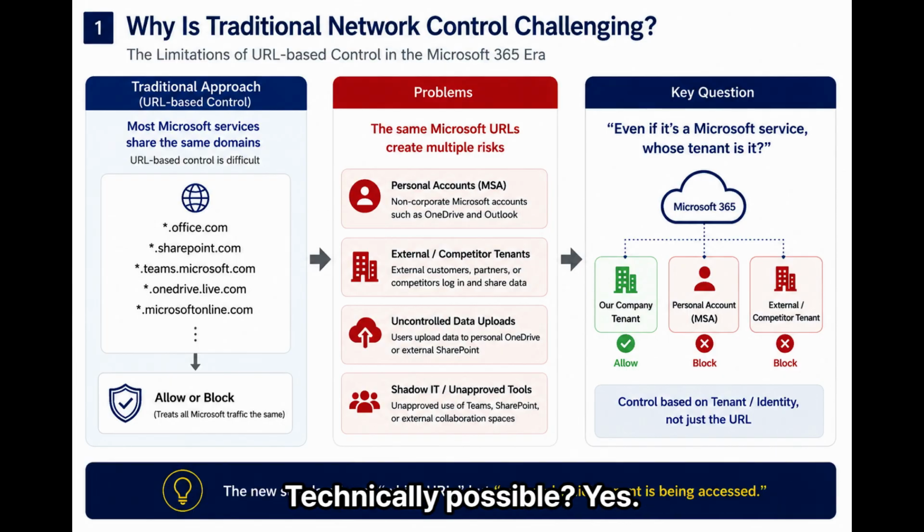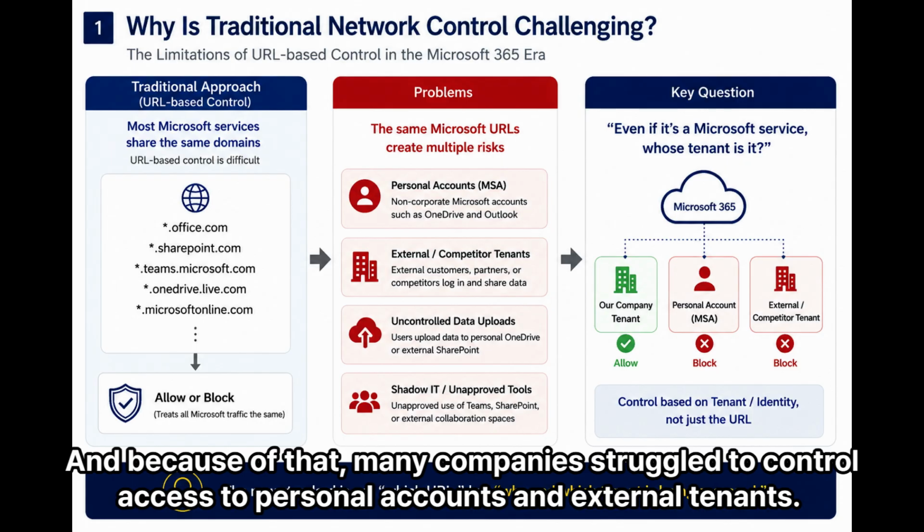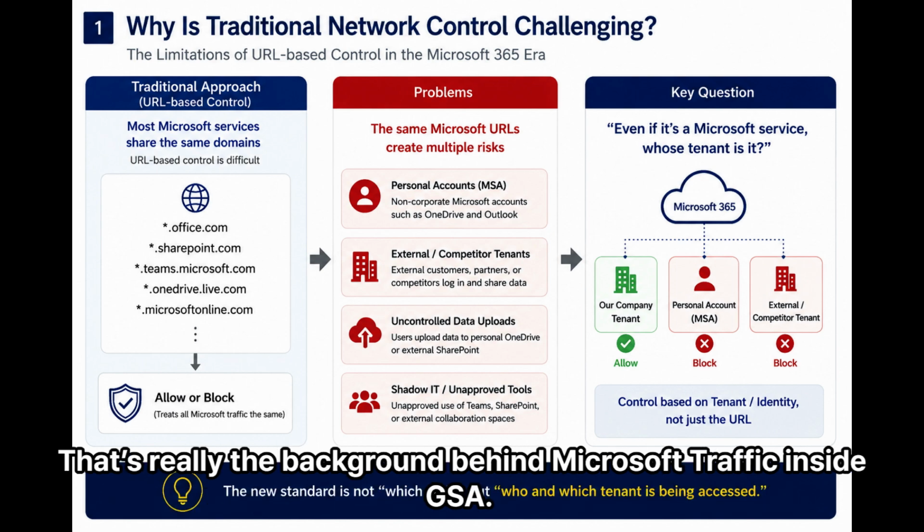Technically possible? Yes. But operationally, it wasn't easy. And because of that, many companies struggle to control access to personal accounts and external tenants. That's really the background behind Microsoft Traffic inside GSA.